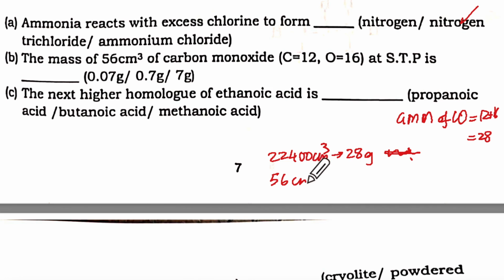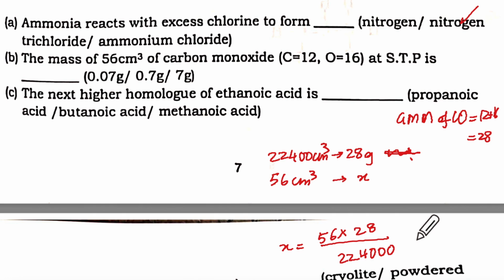If it is 56 cm³, then how much will it be? So X will be 56 into 28 upon 22,400. This gives you 0.07 grams.